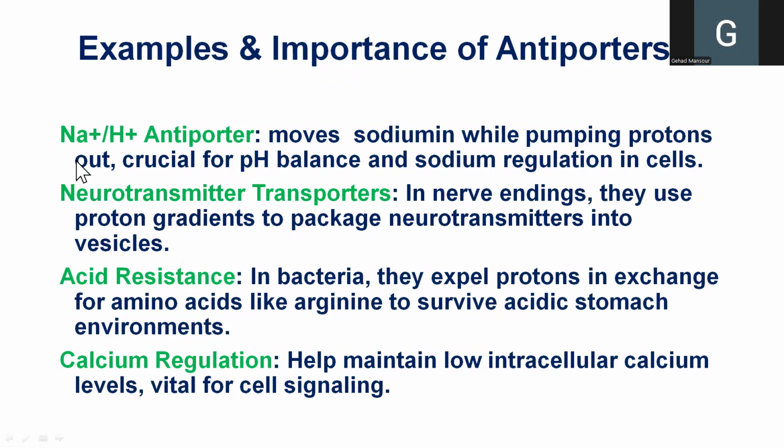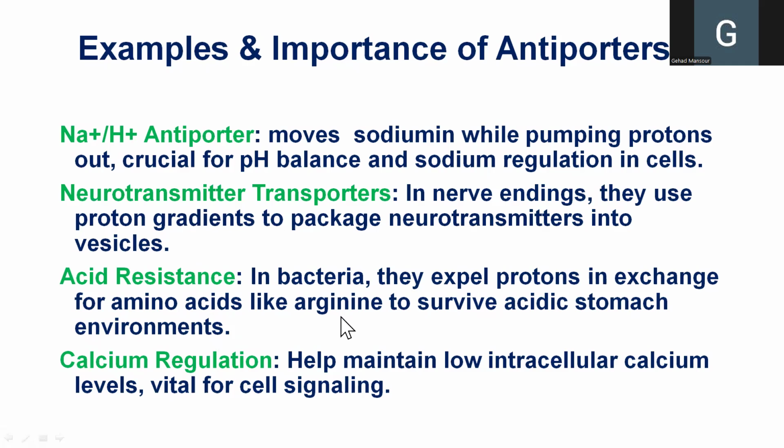So we have mentioned the sodium hydrogen transporter, and this is very important for acid resistance. In some types of bacteria, they use this sodium proton antiporter to expel the protons and pump them out in exchange for the uptake of amino acids like arginine.